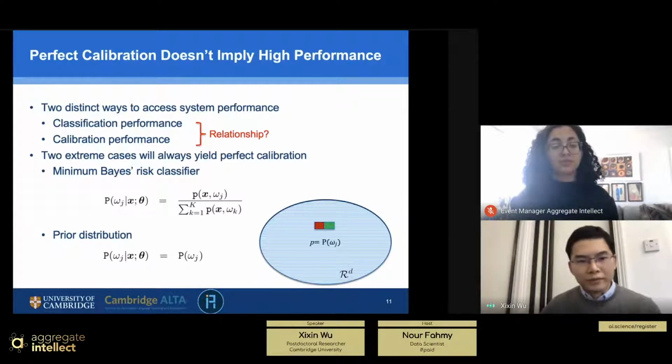Of course, this has the best performance. Another system always predicts the prior distribution. In this case, all of the space will be covered by the prediction of P, so this region with prediction P will span all of the space. And in this space, the confidence is the prior distribution, and the accuracy is just equal to the prior distribution. So it's just a random guess.